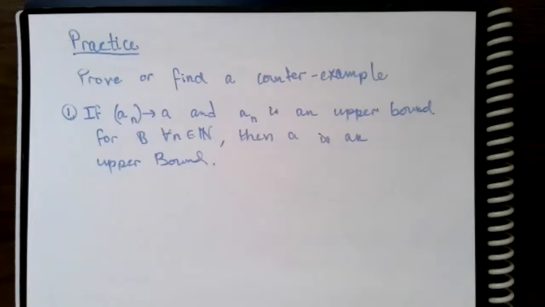Now we do need a definition here. Of course, we need to know precisely what they mean by upper bound, and that's something we probably remember. The definition is on page 15.